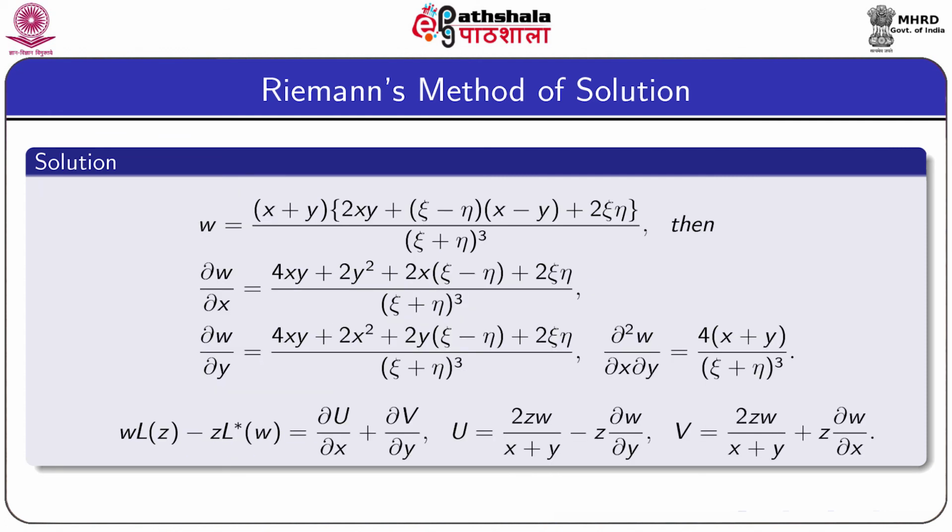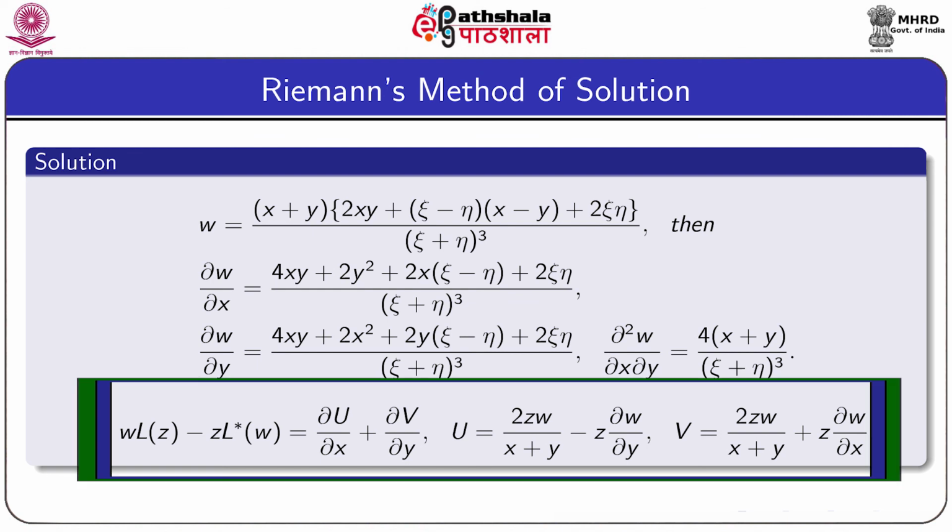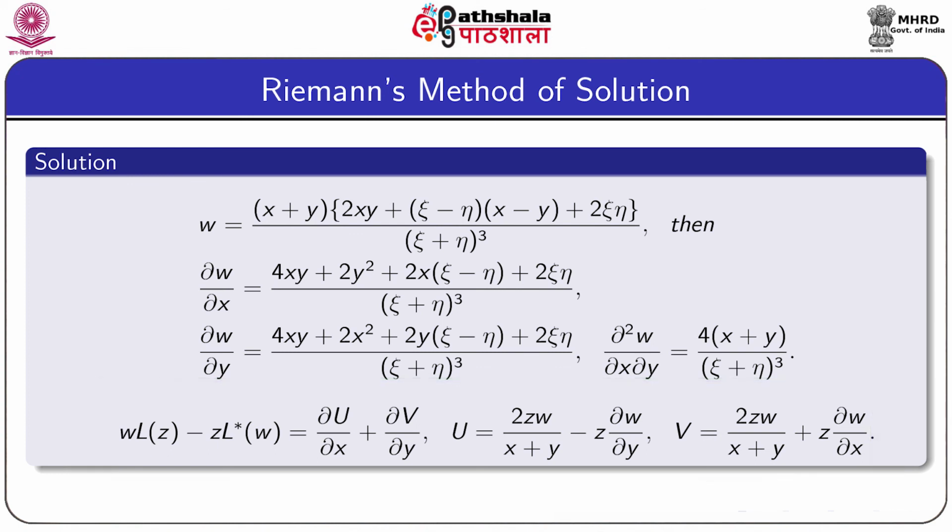These 4 conditions are satisfied by our supplied Green's function w, and from this function one can calculate ∂w/∂x, ∂w/∂y, ∂²w/∂x∂y, and we can also calculate wLz minus zL star w equals ∂u/∂x plus ∂v/∂y. So, u becomes 2zw/(x plus y) minus z ∂w/∂y, and v is 2zw/(x plus y) plus z ∂w/∂x.